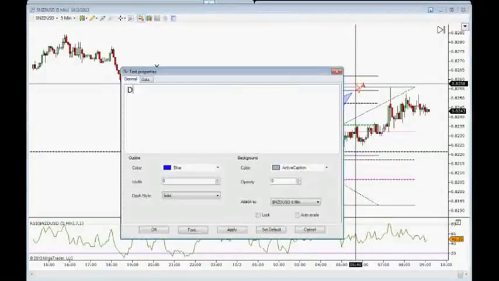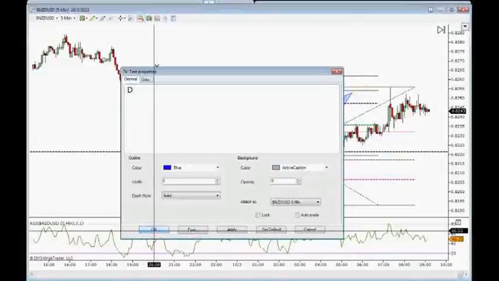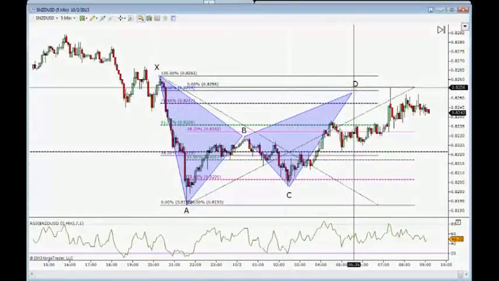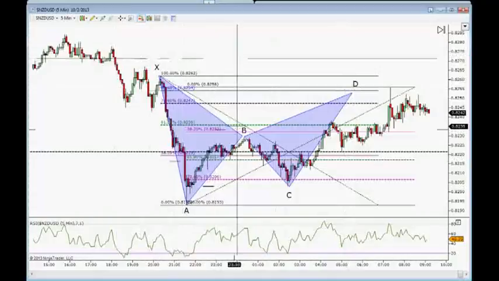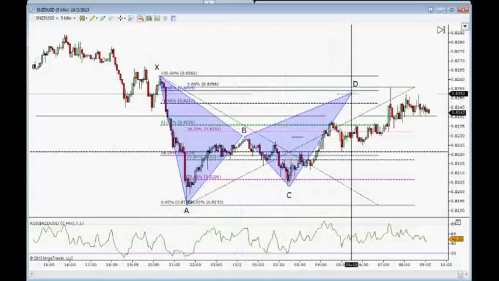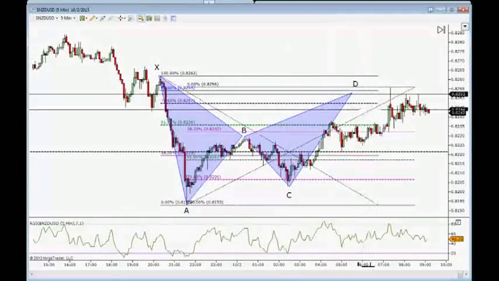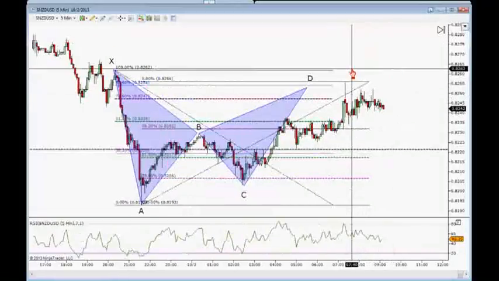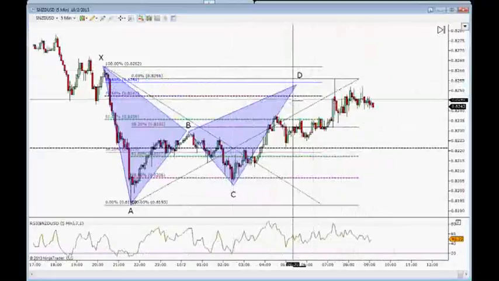And then up here, we're going to have a D completion. Now, guys, every single advanced pattern is all the same way. X to A to B, B to C, C to D. The C to D completion is what we're looking for. And in this case, this is a bearish cipher pattern.